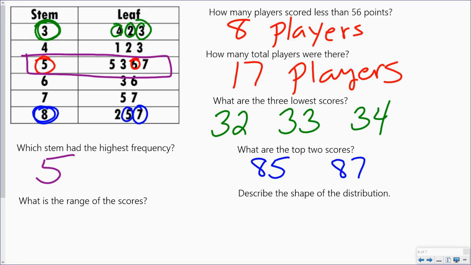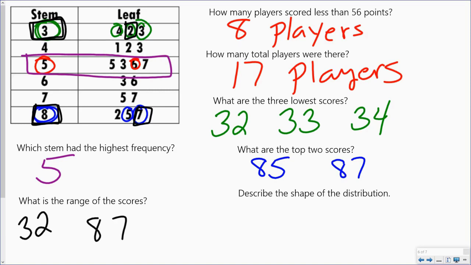What is the range of scores? So I need to look at my smallest score, which here is in the 30s, and it looks like 32 is my minimum score, and my maximum score would be in the 80s, and that looks like a 7 here. So then I have 87.